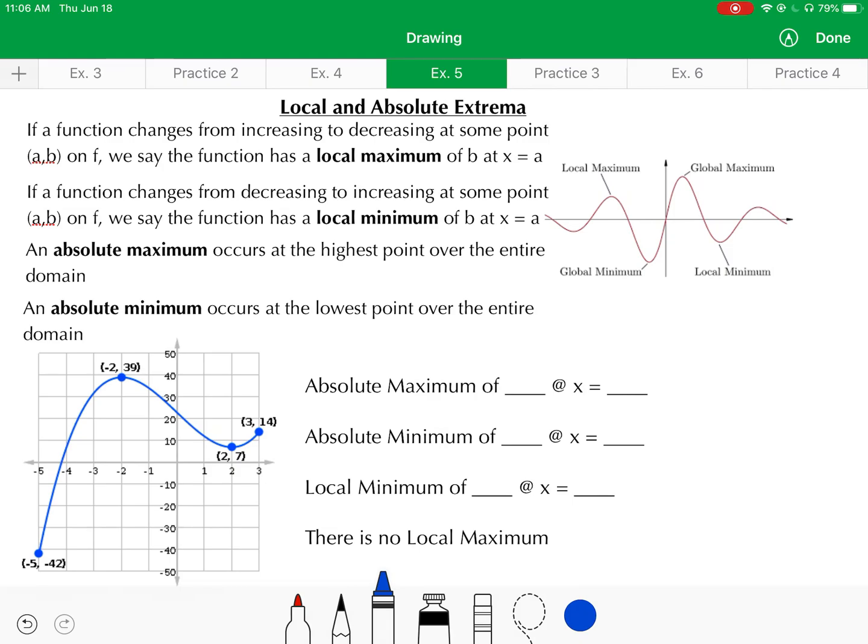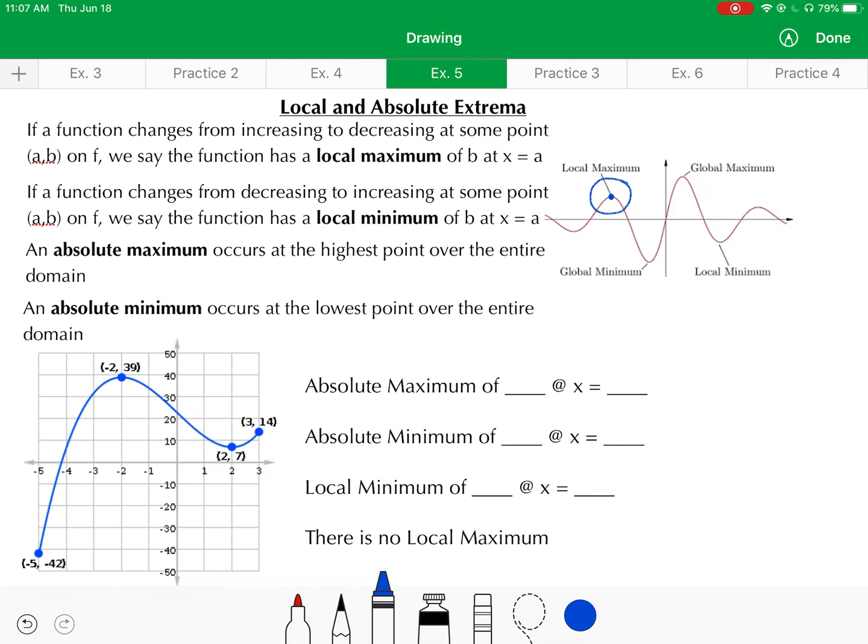If you look at the picture here, this is considered a local maximum. It's not the absolute or global maximum of this function, meaning it's not the highest point of the entire graph. But if you're focusing on just this small localized section of the graph, it is the highest point.